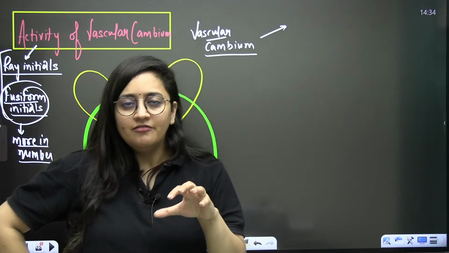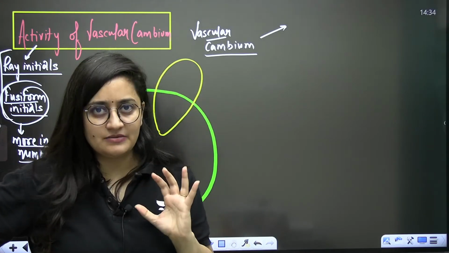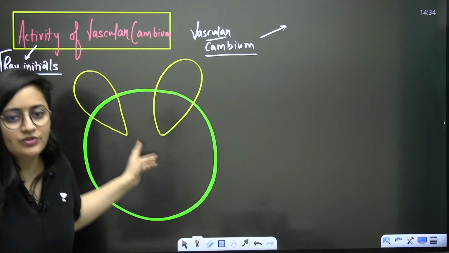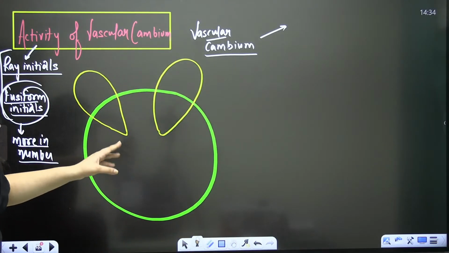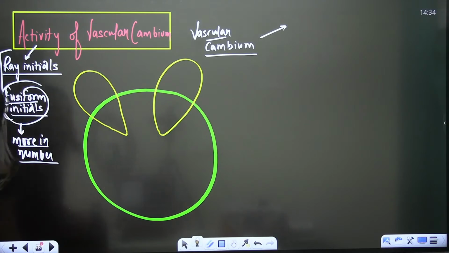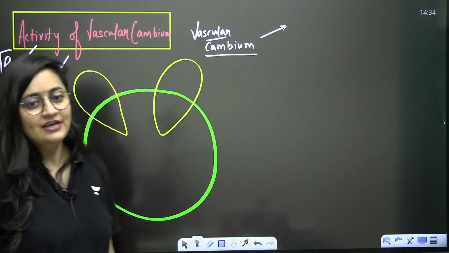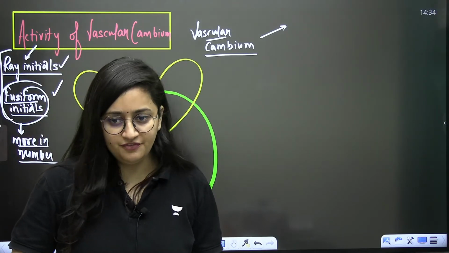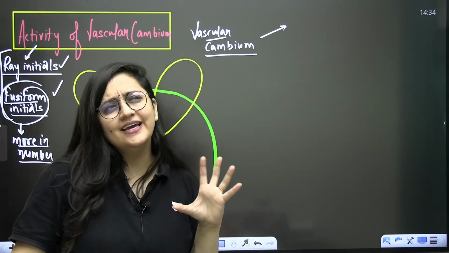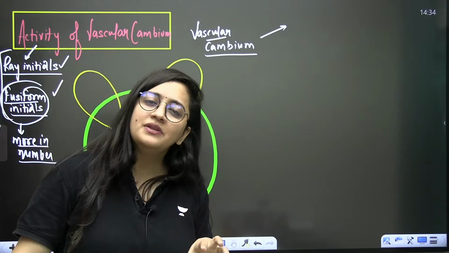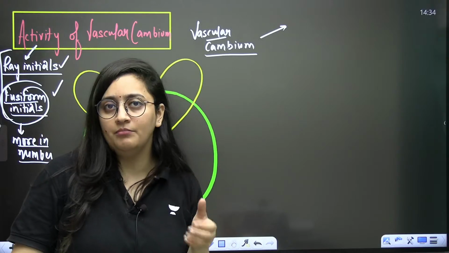It will form when medullary cells become meristematic due to dedifferentiation. Now there is the complete ring of vascular cambium. Two types of cells are there, ray initials and fusiform initials. Ray initials are spherical cells, less in number. Fusiform initials are long, pointed, more in number.